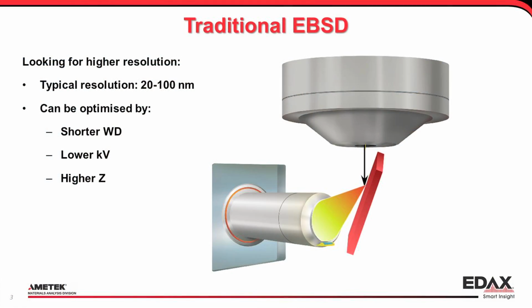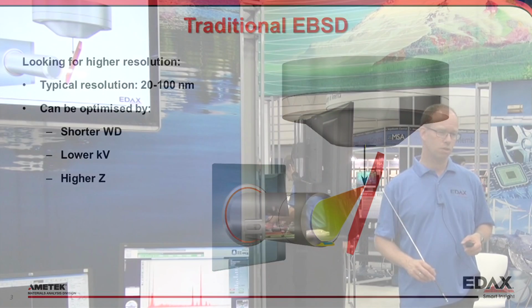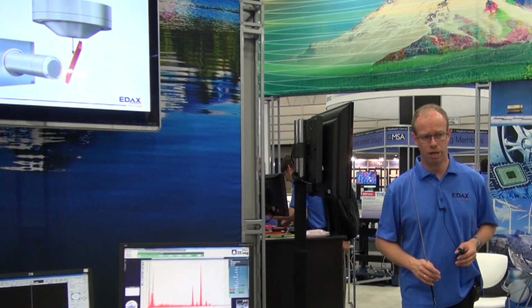20 nanometer, when you have high density materials, heavy elements, then you can go really small. If you're starting to look at silicates, nitrides, really light materials, that really increases the interaction volume and thereby decreases the obtainable spatial resolution. In some cases you can optimize that by a shorter working distance, although that's mainly the imaging and the SEM.